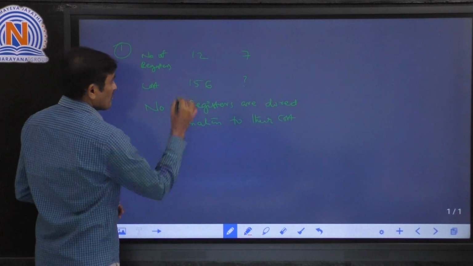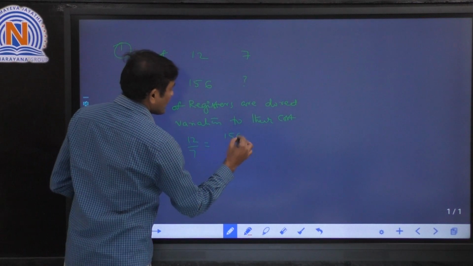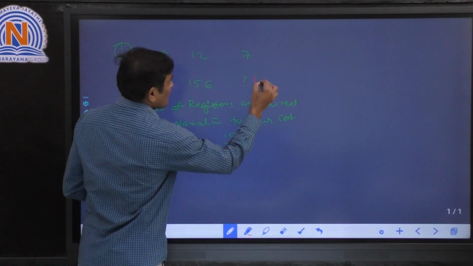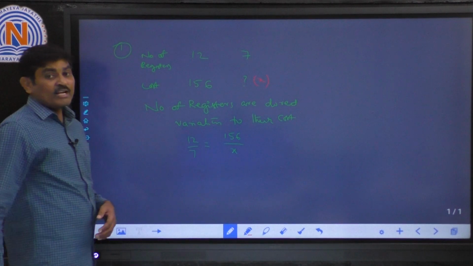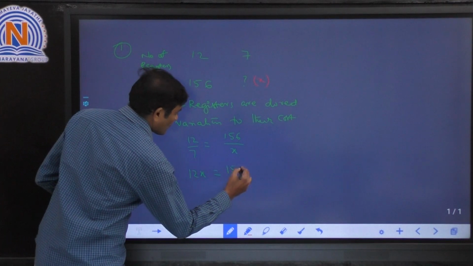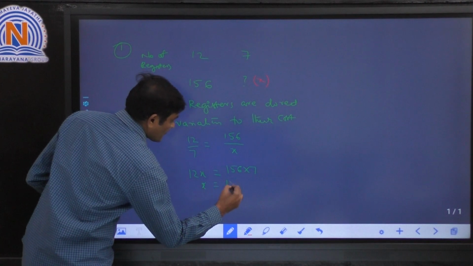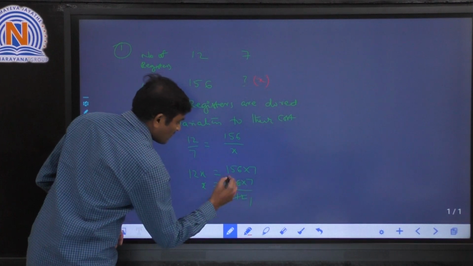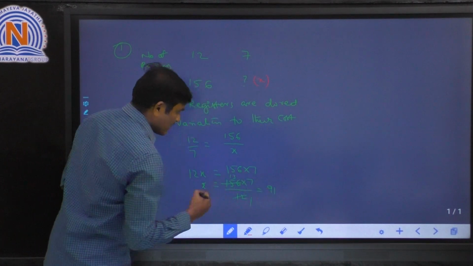From this we can say 12 by 7 is equal to 156 by x. While doing the cross multiplication, 12x is equal to 156 into 7, then x is equal to 156 into 7 by 12. 12 once 12, 12 threes are 36, and 13 sevens are 91.